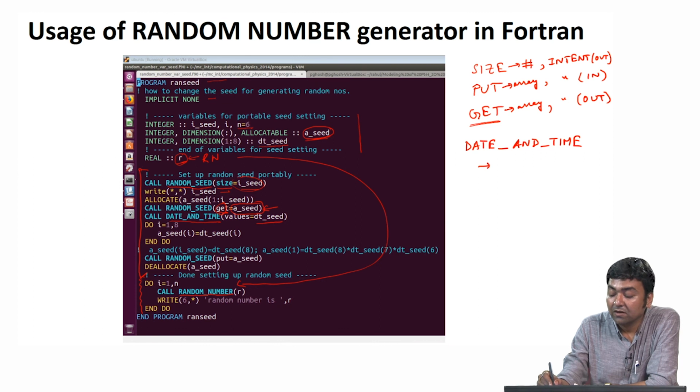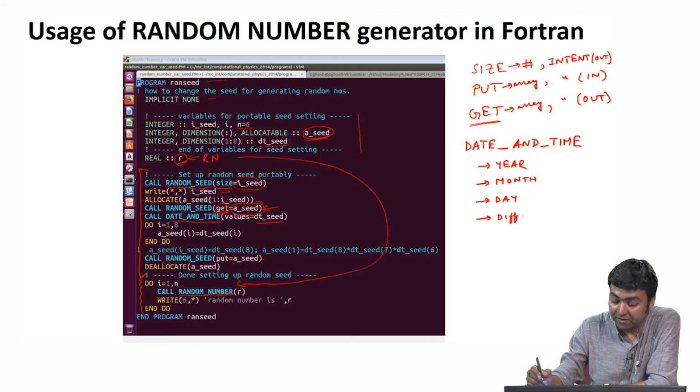It gives me year, month, day, then the difference between the standard time and the local time, then time in hours, minutes, seconds and sub-seconds. If I remember correctly, it is milliseconds.